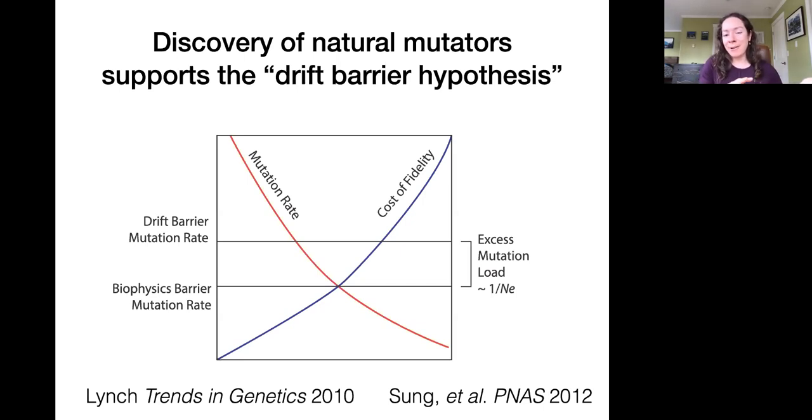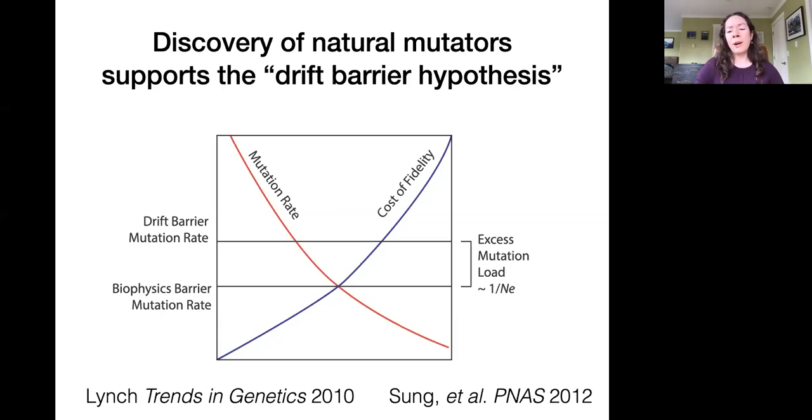And that's represented by the blue curve, your cost of fidelity going up. And at some point, the amount you're spending to avoid mutations is going to exceed the cost of just incurring those mutations. And the intersection of those is this theoretically optimal mutation rate, which Michael Lynch calls the biophysics barrier, what's the most accurate optimal mutation rate that you can get.